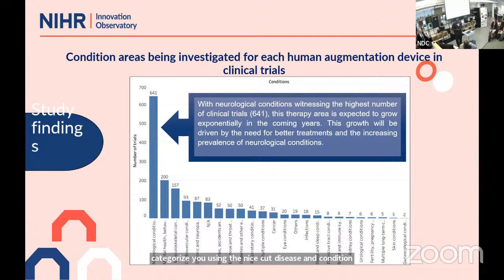So we found that among the condition areas that were being investigated for each technology in clinical trials, neurotechnology was the one witnessing more numbers in terms of clinical trials, or in development, and there were about 641 that are currently in development. And this area is growing, and it is expected to keep growing over the next couple of years.